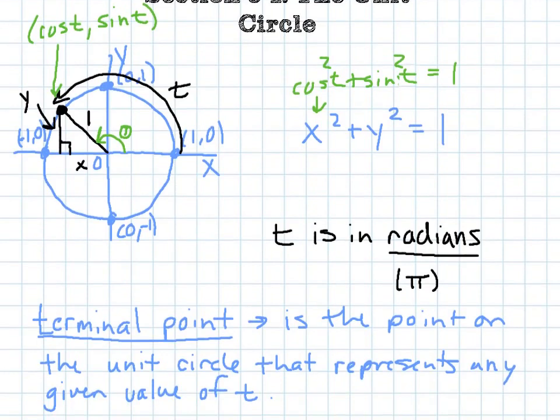Like if I have the measurement of, let's put it in degrees for you, say 135 degrees, the terminal point for that is negative square root of 2 over 2, comma square root of 2 over 2. But now we'll use the 135 degrees in radians, so it'll be 3 pi over 4.